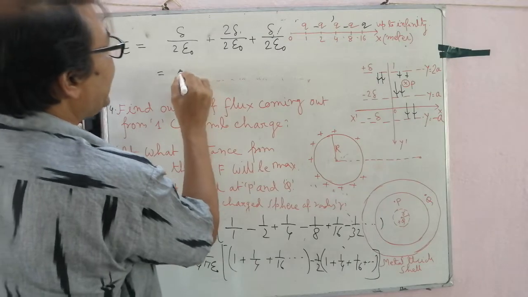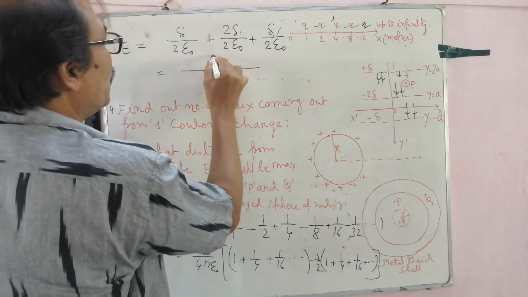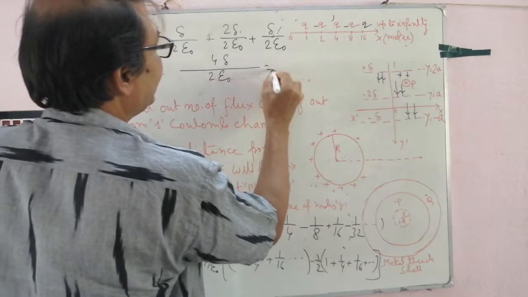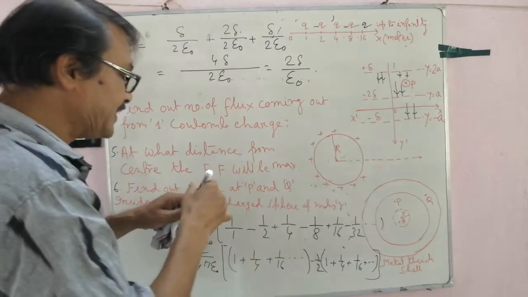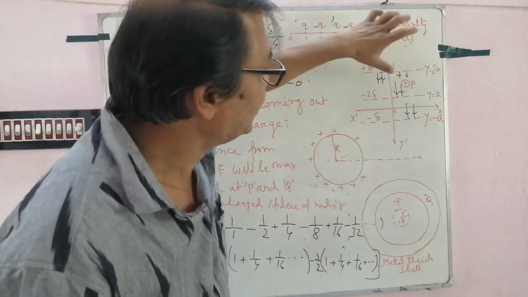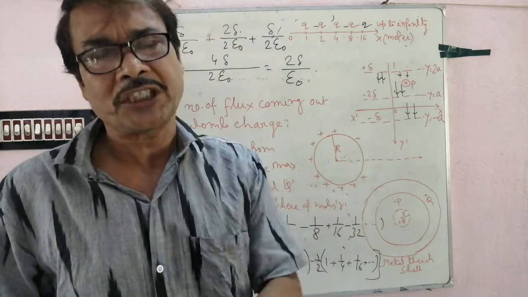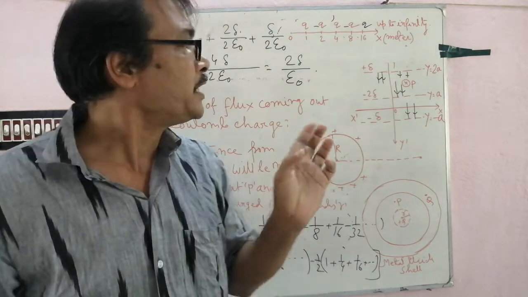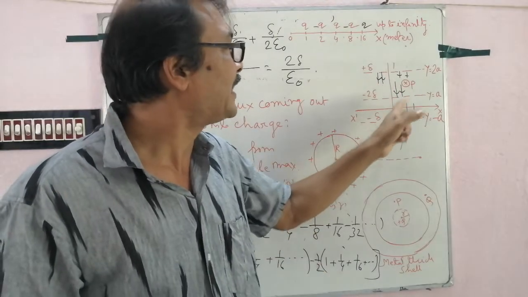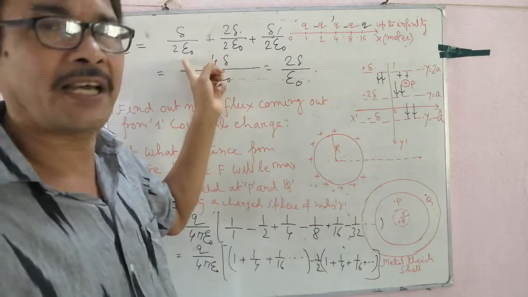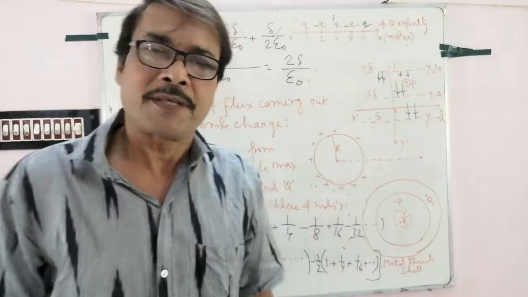Now, if we add, 4 sigma by 2 epsilon naught, that is 2 sigma by epsilon naught. What will be its direction? Downward. In my second lecture, application of Gauss's theorem, it is proved that due to a thin sheet, the field at a nearby point will be sigma by 2 epsilon naught, and for a thick sheet, sigma by epsilon naught.